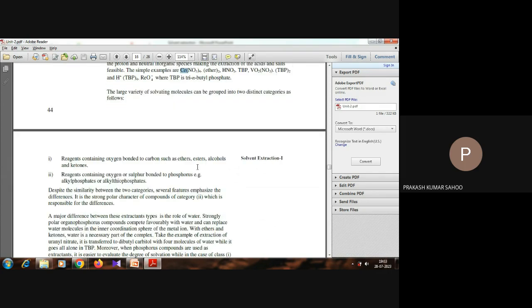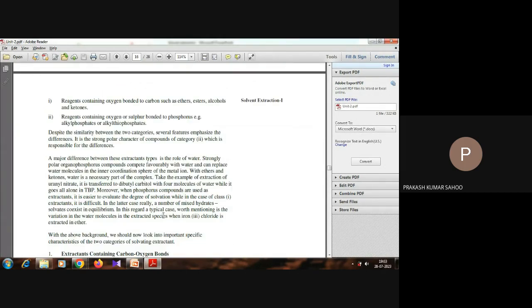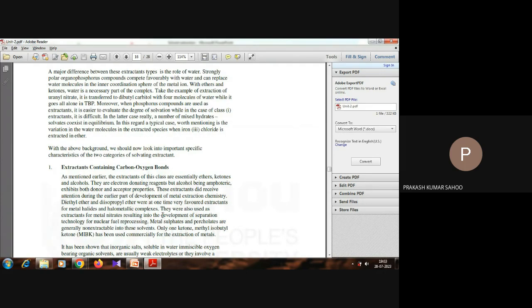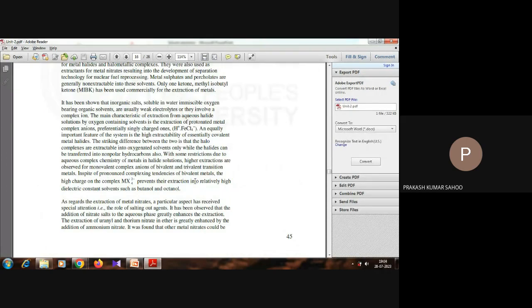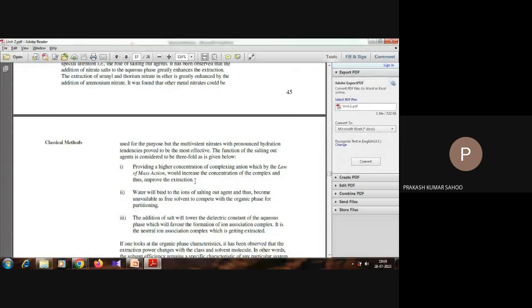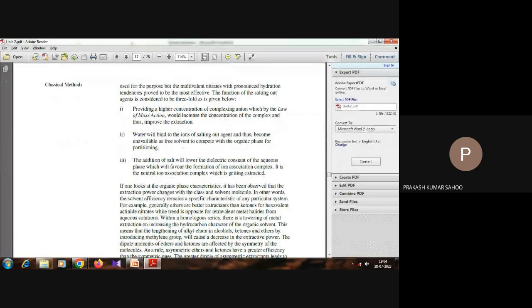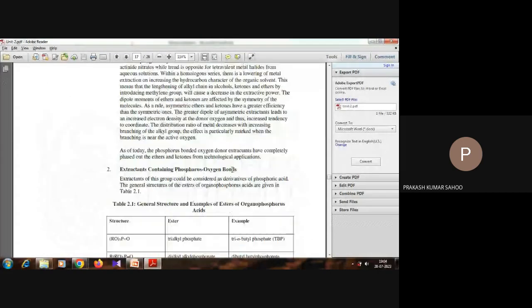In solvation, reagents containing oxygen bonded to carbon, such as ester, ether, alcohol, and ketone, are used. Reagents containing oxygen and sulfur bonded to phosphorus are also used in the solvation step. For example, extractants containing a carbon-oxygen bond. Just go through these, they are very simple examples.